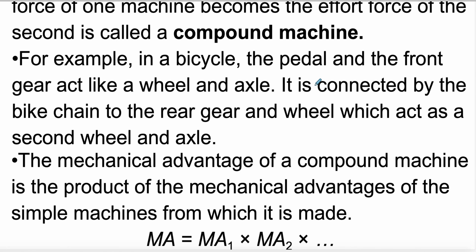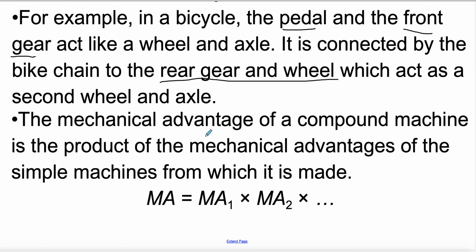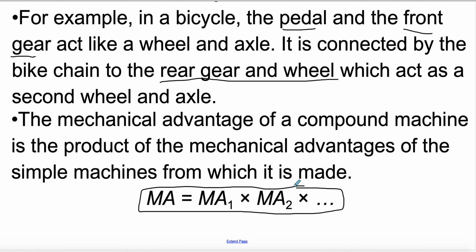So if you consider a bicycle example, the pedal and the front gear are your wheel and axle. That's connected to the bike chain, which is connected to the rear gear and the rear wheel. So those are all connected. In order for us to calculate the mechanical advantage of a compound machine, you need to take the mechanical advantages of all of the simple machines and multiply them together.